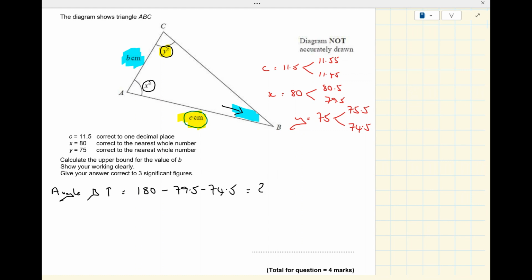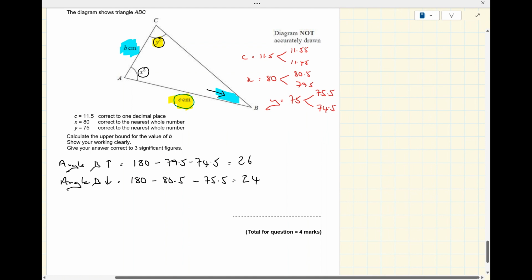It gives me 26. And what about angle B, the lower bound? Well, that will be 180 minus the highest possible X and the highest possible Y. Put it into my calculator, gives me 24.